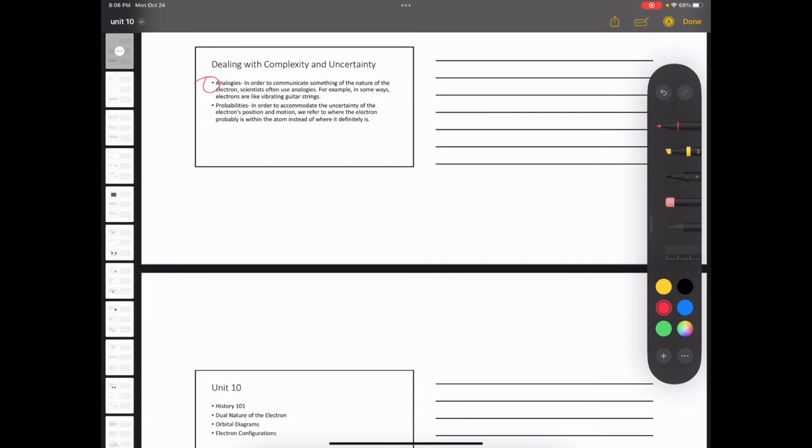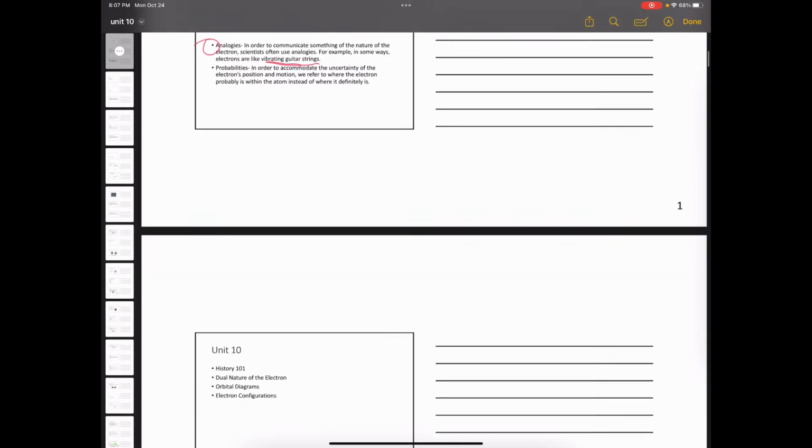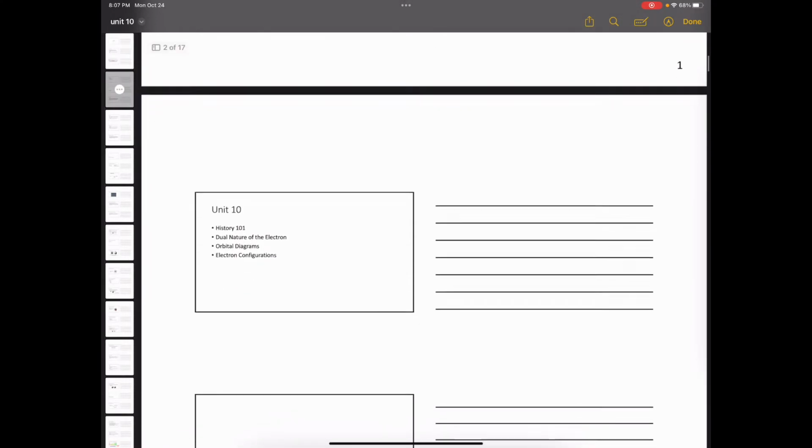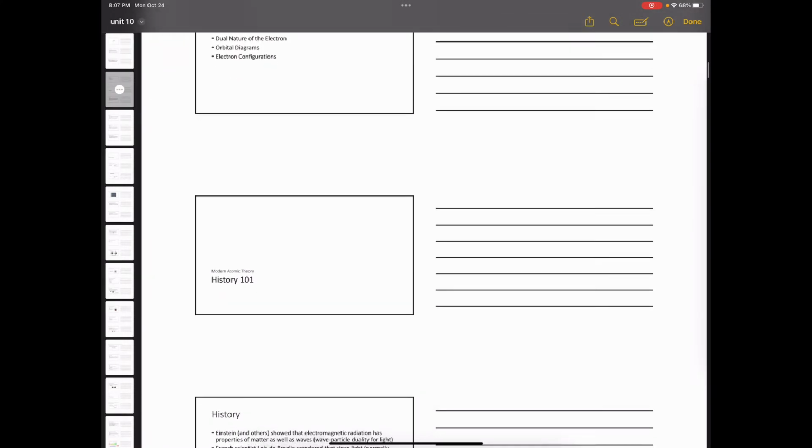So we are going to start by studying the guitar string, because it does help us study the wave property of the electron.